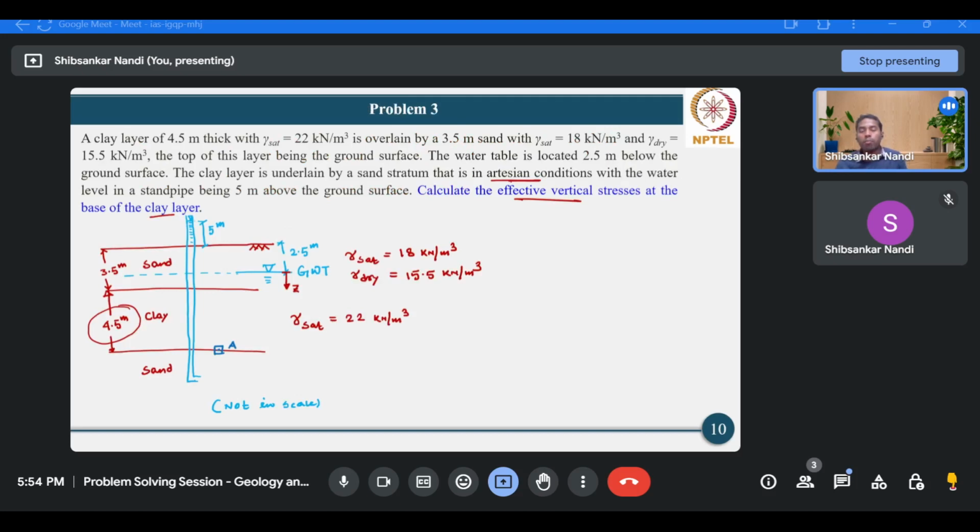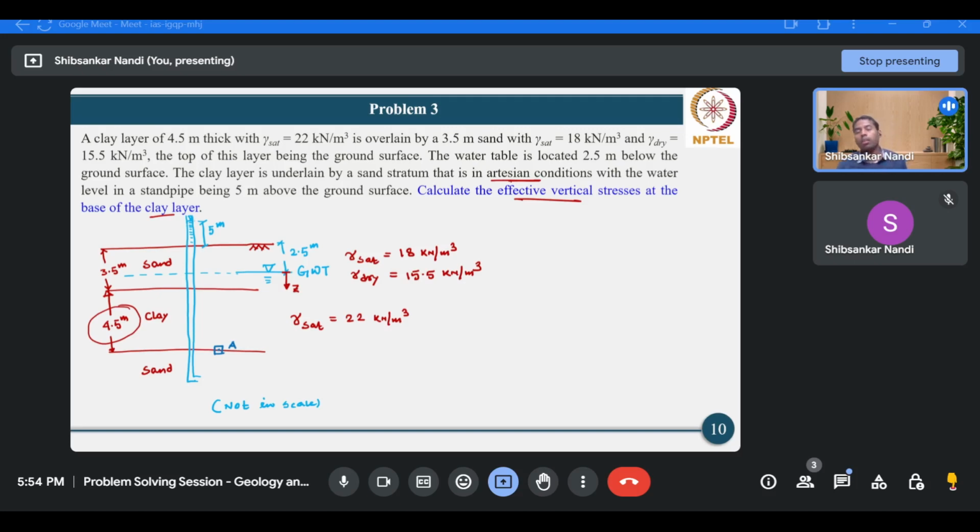So this is the tricky part. For that, you have to be very careful that due to the artesian condition, the pore water pressure will deviate from its actual value. Okay, and this is applicable only at the base of the clay layer and inside the lower sand layer.